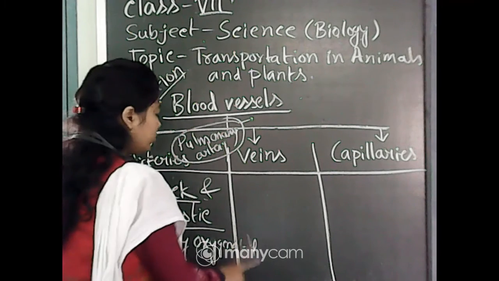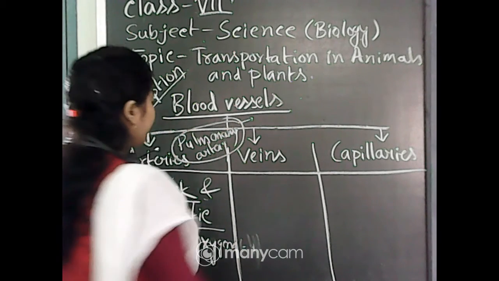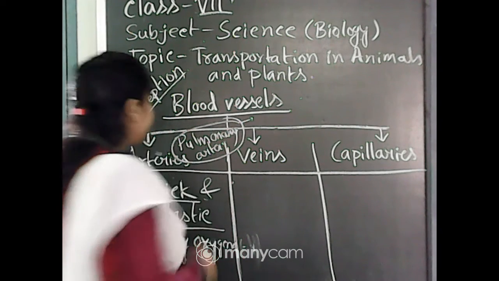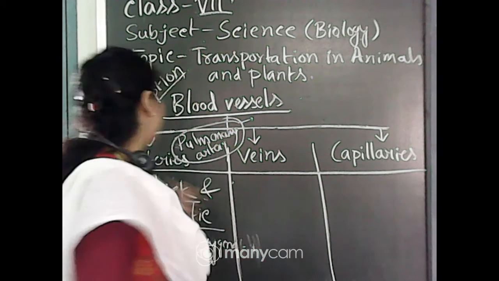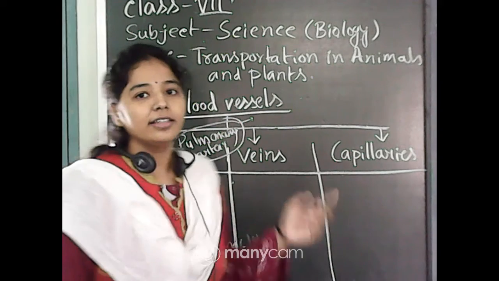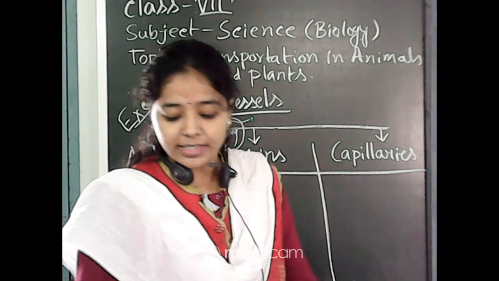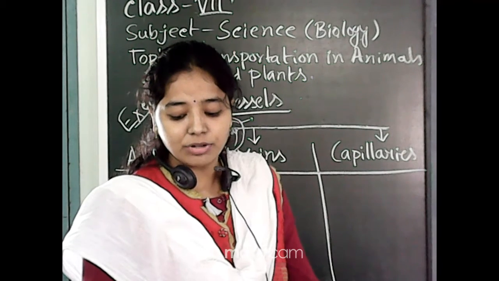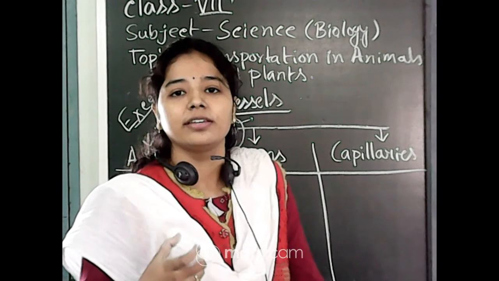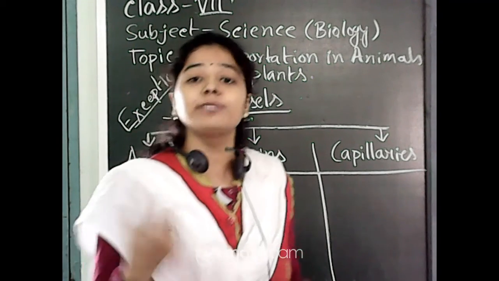Next come veins. We have seen that arteries lie quite deep under the skin, but veins can easily be seen. In our skin you can see that they are situated just under the skin. They are greenish blue in color.